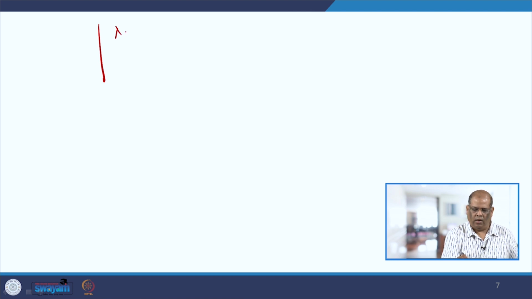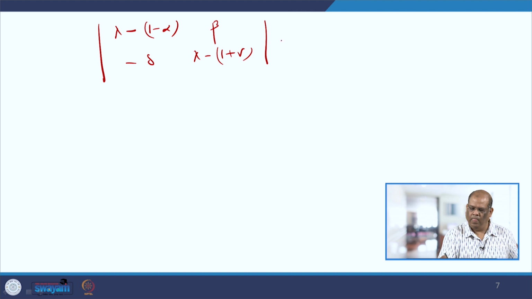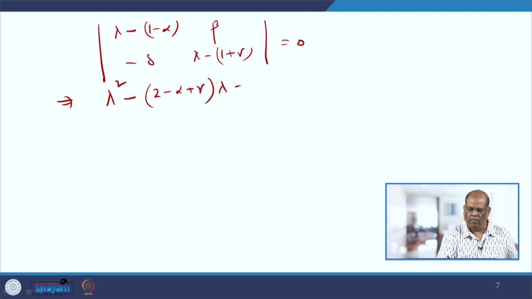So you get (lambda - 1 + alpha)(lambda - 1 - gamma) + beta delta, and this will give lambda square - (2 - alpha + gamma) lambda + (1 - alpha)(1 + gamma) + beta delta = 0.